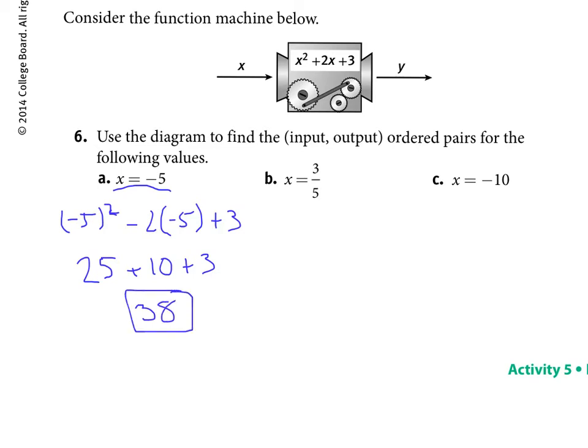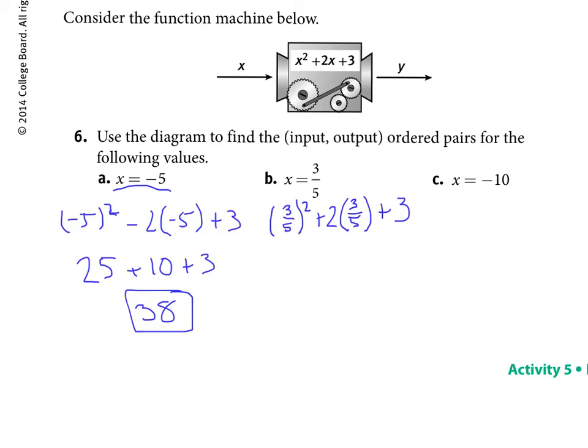Now, let's look at the fraction 3/5. This one should be a tough one. Okay. So I have parentheses 3/5 squared plus 2 times 3/5 plus 3. Well, we haven't really talked about this, but when you have a fraction squared, you basically just square both sides of the fraction.